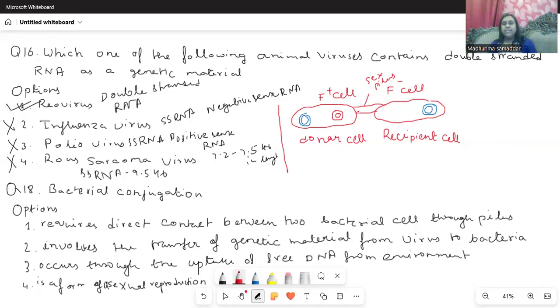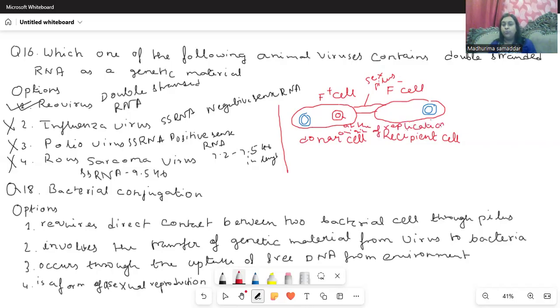As the conjugation tube is formed between the donor cell and the recipient cell, there is a direct contact, and this F plasmid will be broken down at the origin of replication.